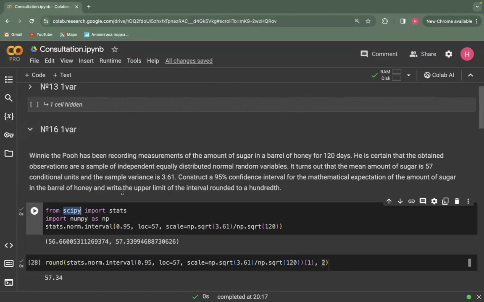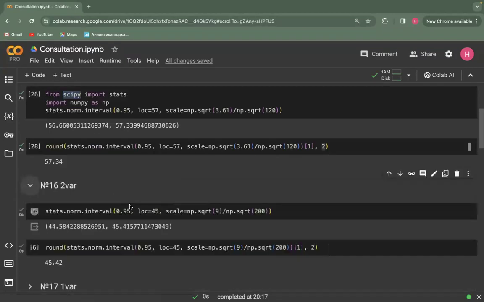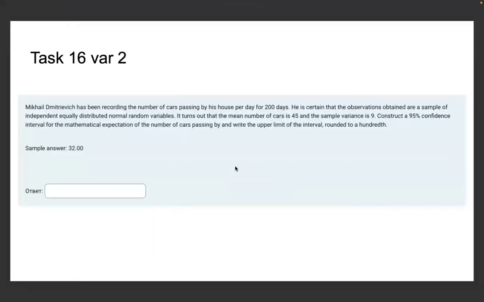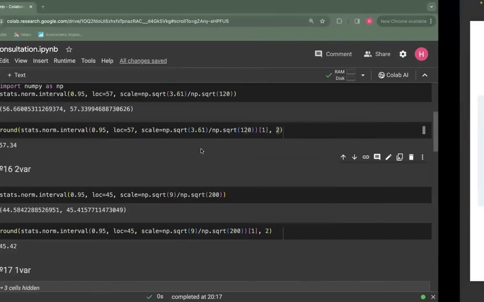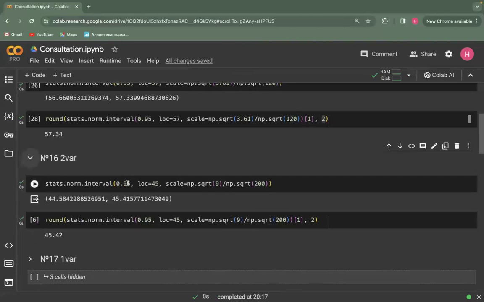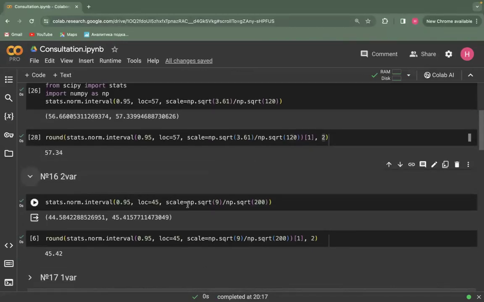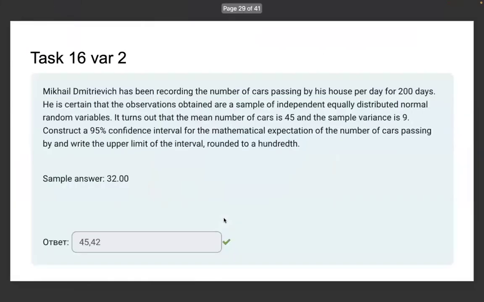So if there are no questions, let's move to the second variant. Here we again have to calculate the normal interval. We just do everything like in the previous exercise. We have just other values.